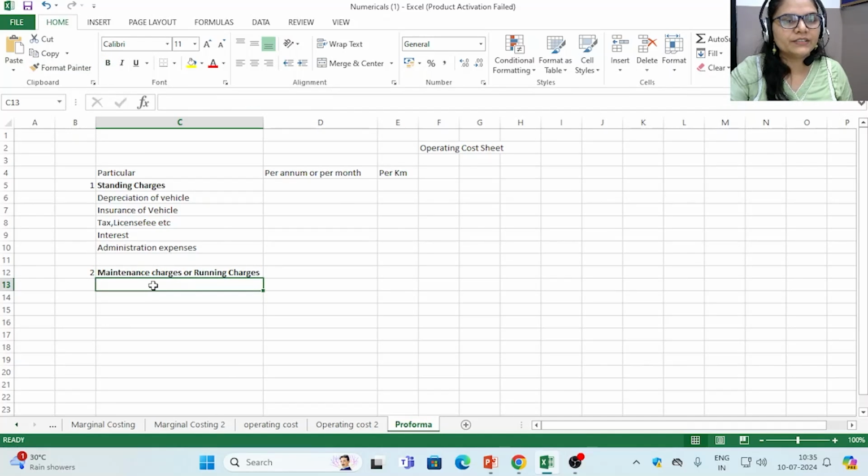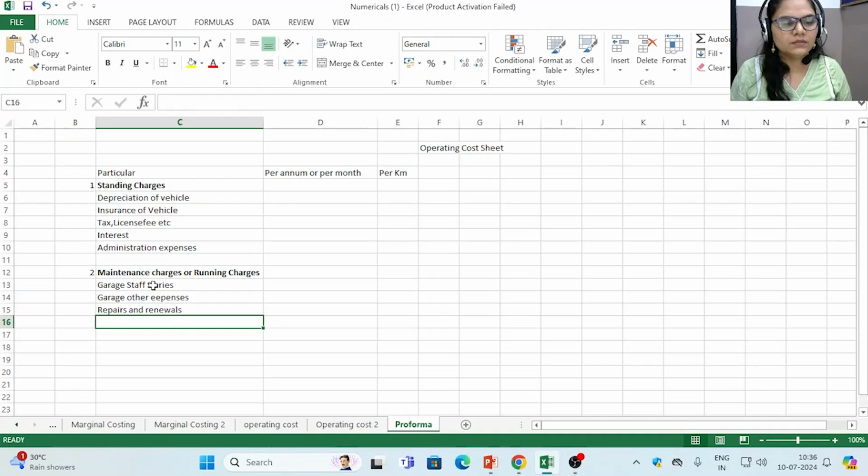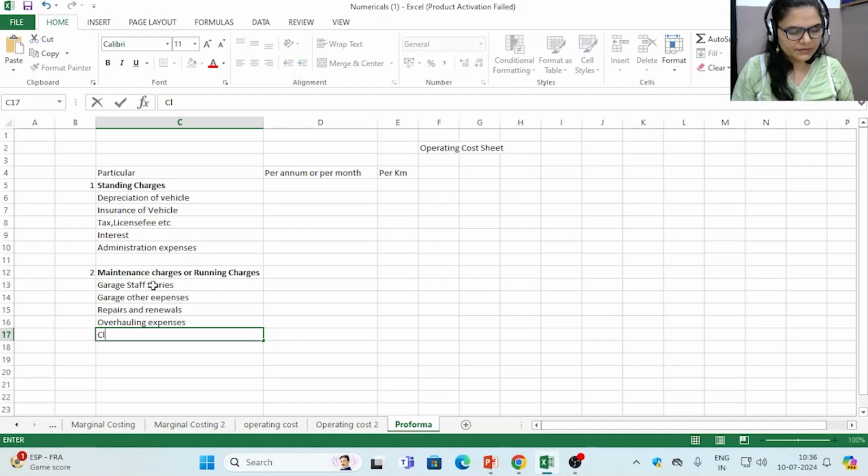This could be your garage staff salaries, garage other expenses, repairs and renewals, overhauling expenses, and cleaning expenses.